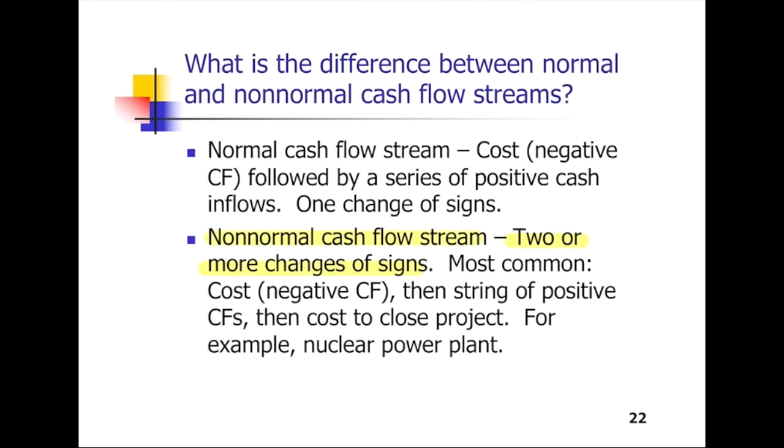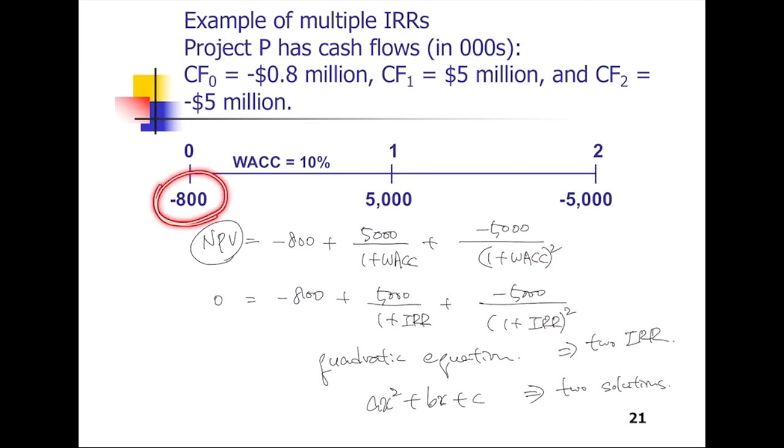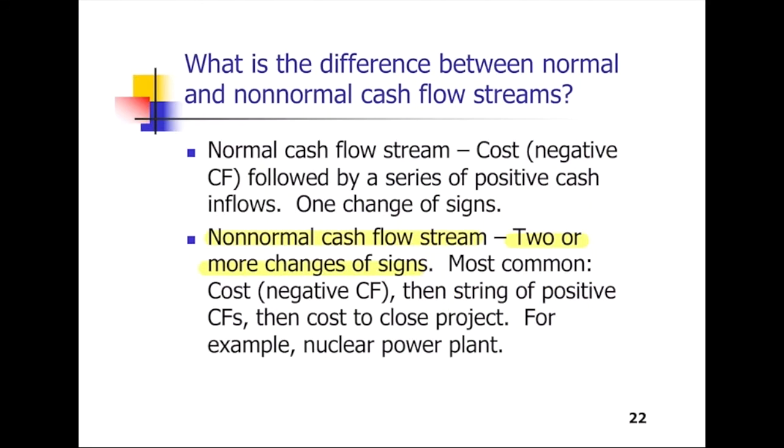A non-normal cash flow stream has the cost, the negative cash flow, then a string of positive cash flows, then a cost to close the project, like this: minus cost, and at the end there is also a cost to close the project. For example, a nuclear power plant.